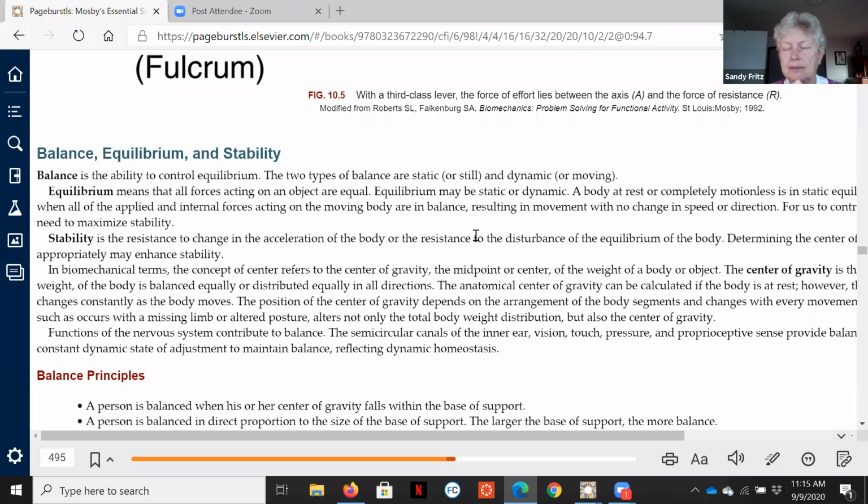If we're too lax, and that can happen, there are some connective tissue diseases that cause laxity, or it can be acquired, like with aggressive stretching over long periods of time. If our stability becomes compromised, then we're going to have problems with balance and equilibrium. And our inner ear has a lot to do with that sense of balance and equilibrium as well.